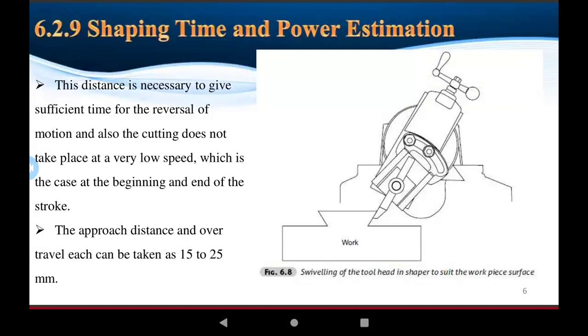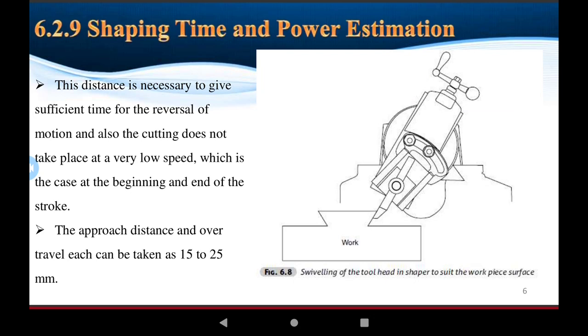Okay, in the case of the beginning and end of the stroke, at the forward stroke end the machine's speed is increased for the reverse stroke, so the tool and machine tools are brought to their original positions.